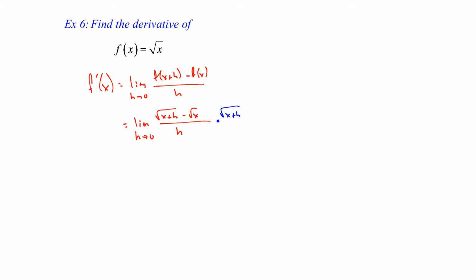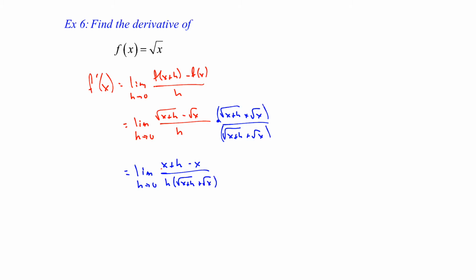So we'll multiply by the square root of x plus h, minus, actually plus, the square root of x, and so then we'll have the limit as h approaches 0 of x plus h minus x. Remember the conjugate, middle term cancels, and then we're going to leave this on the bottom in factored form.